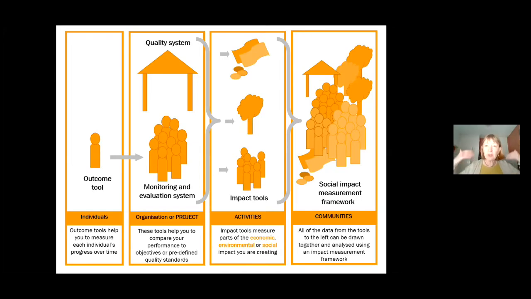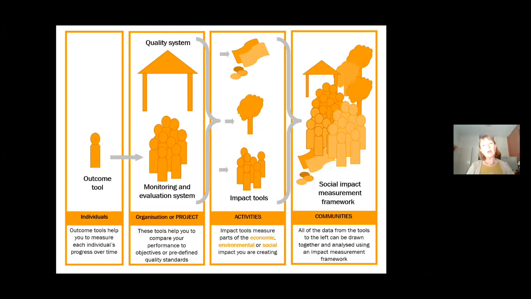And that's about the organisation as a whole. We also look at pulling together the individual outcome tools to say, well, if this happened to one person, what happens when we aggregate that data for all the people we've supported? And we have a record of that which we keep, and that says this is what our project achieves rather than this is what happened for one individual.